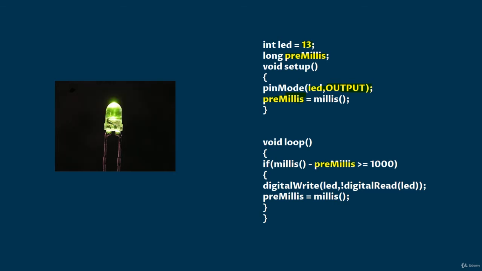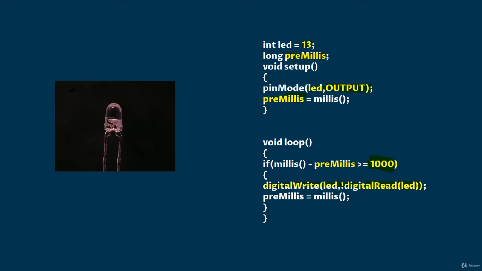Now millis is counting 1, 2, 3, 4, 5, 6, 7, 8. Like that, it will count, and when it reaches 1500, then 1500 minus 500 will be 1000. And when it crosses 1000, then it will go inside the if statement.